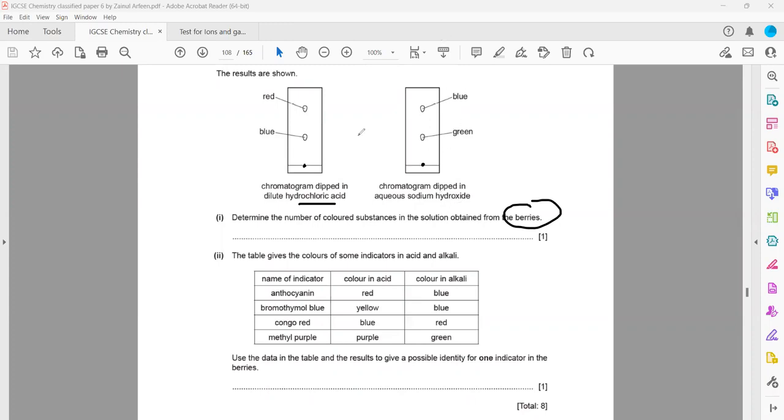If you forget about sodium hydroxide, how many spots do you see? Two. So you'll write two here. Same thing if you don't bother about this one and check sodium hydroxide. How many spots are there? Two, also two.